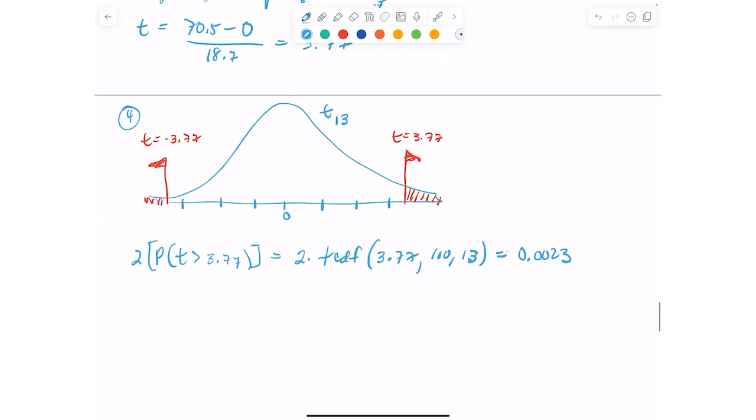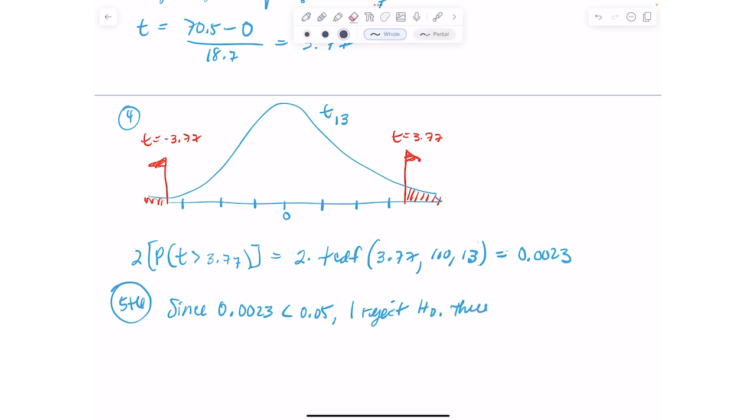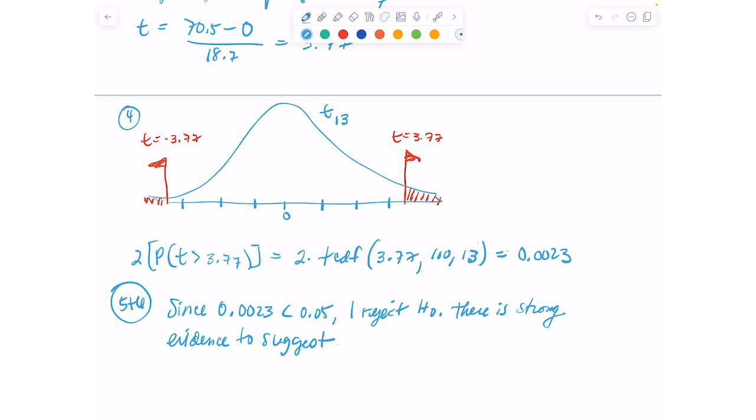Okay. So now comes my decision and my interpretation. Well, since 0.0023 is less than my alpha level, we are of course going to reject the null. Okay, so there is strong evidence. Again, you can say statistically significant evidence to suggest people would not offer friends and strangers the same average amount for a used camera.